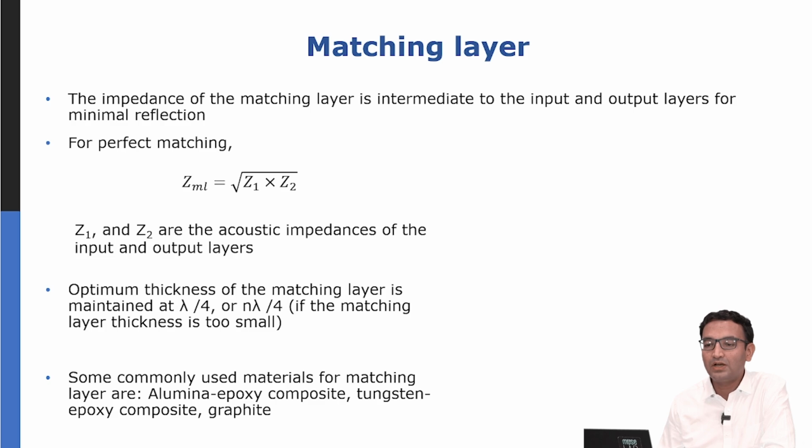Some have jokingly called these materials unobtainium. For that reason, typically two layers are applied, and the matching happens in a cascaded manner. But from a conceptual point of view, we can think of the matching layer as a single layer with a quarter wavelength thickness and an impedance of square root Z1 Z2.